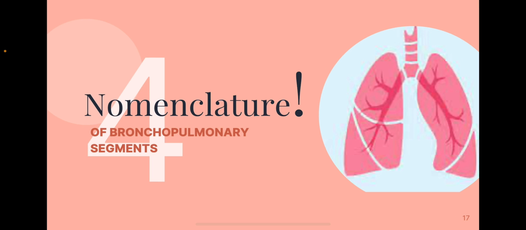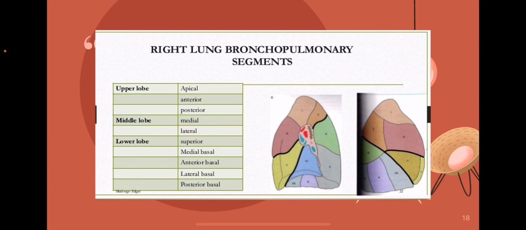Moving on, we talk about the nomenclature of bronchopulmonary segments. We have the right lung bronchopulmonary segments. The upper lobe has apical, anterior and posterior. The middle lobe has medial and lateral. The lower lobe has superior, medial basal, anterior basal, lateral basal, and posterior basal.